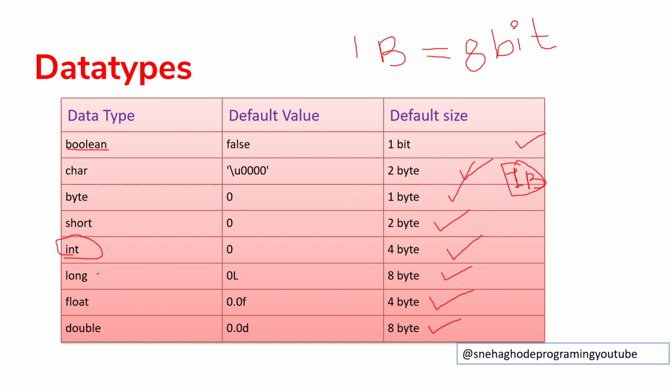Here this is the long, then float. See here, it is going to be denoted by 0L, which means it is a long integer.